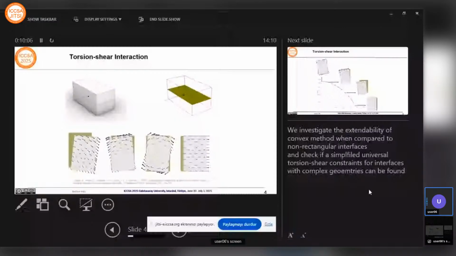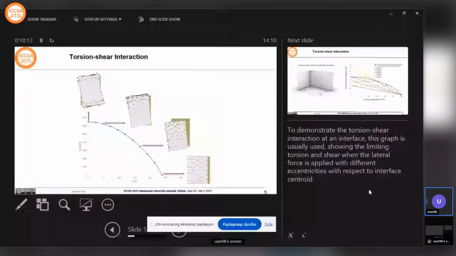So basically, this graph is something that you can usually see to explain the torsion shear interaction. This basically shows the maximum torsion and shear which an interface can sustain when the interface is subjected to lateral forces with different amounts of eccentricity.